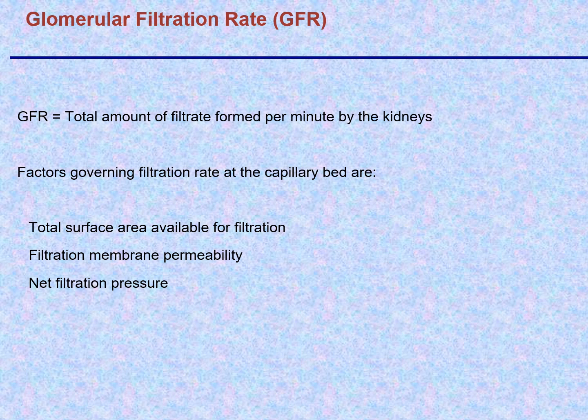One is the total surface area available for filtration. The other is the permeability of the membrane through which that filtration occurs. And the last one is the net filtration pressure, which we discussed in the previous video, Unit 2A, Part 1.